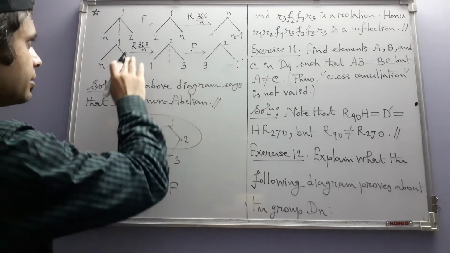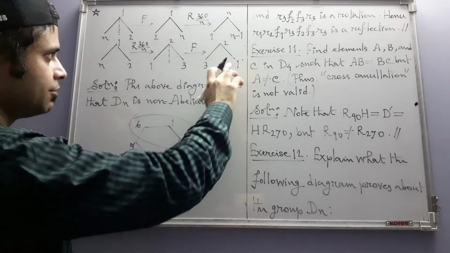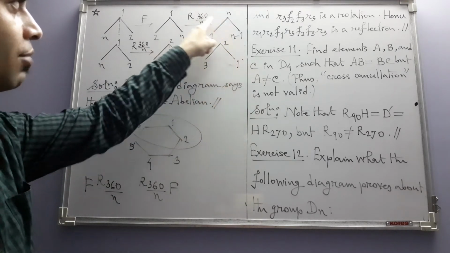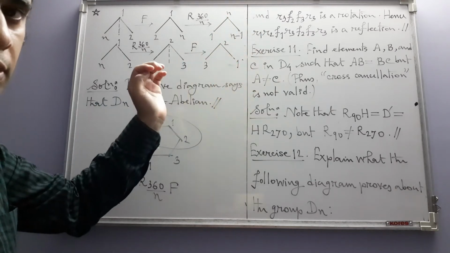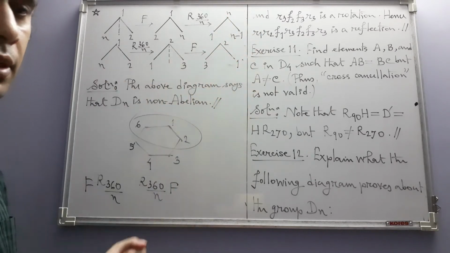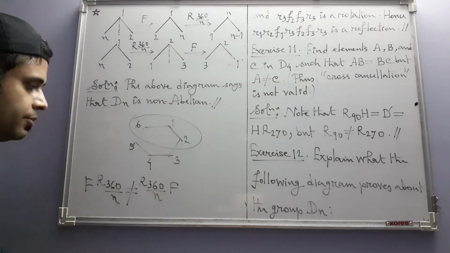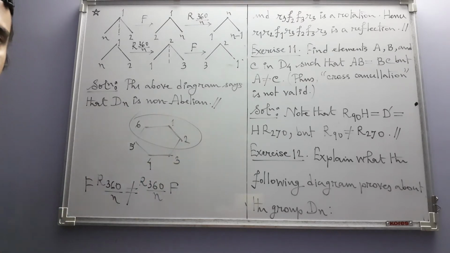So you can see that these two compositions do not give us the same thing. That is, at least these 3 vertices have changed positions, that we can clearly see here. So that's why these two are not equal, and as a result the group Dn is non-abelian.